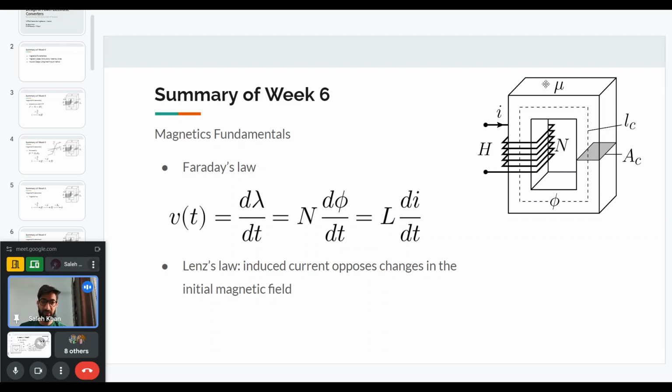So we have an initial magnetic field that is changing. It will produce a voltage, which will lead to a current, which in turn will lead to the second magnetic field. The direction of the second magnetic field will be such that it opposes the change in the initial magnetic field. And from that, we can find the direction of the induced voltage.